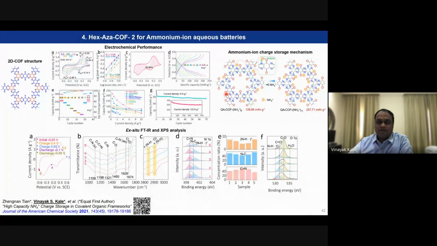One can see, if interested, I don't have time to go in detail for all this charge storage mechanism and how we proved this charge storage mechanism in this COF. So I can quickly show that the ex situ FTIR and XPS analysis proves that the charge storage happens through this C double bond O and C double bond N or C single bond N atoms, the redox active site. We reported this work in 2021.